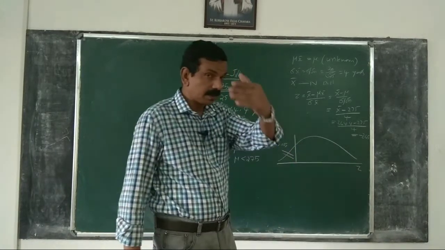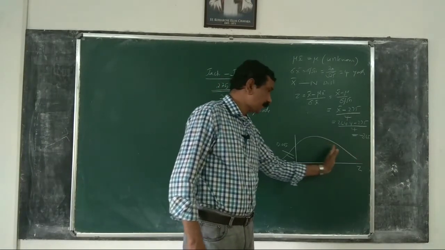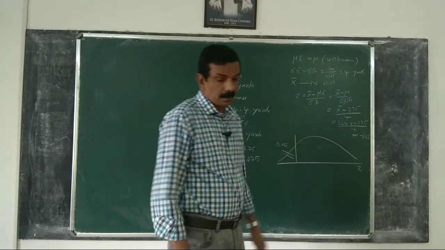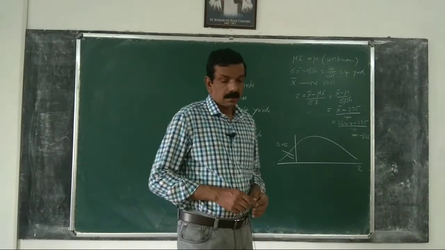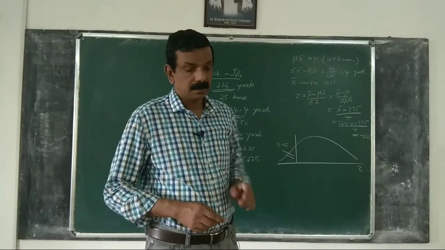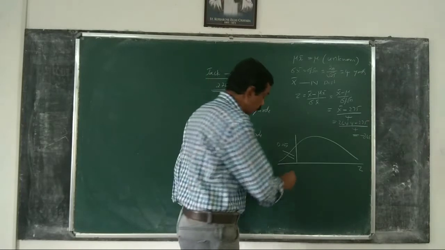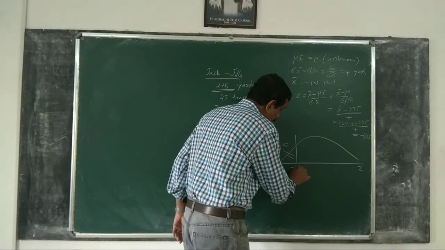If it were a two-tailed test, 2.5% here and 2.5% here. Right-tailed, 5% here. So, for 5%, the critical Z is minus 1.645.